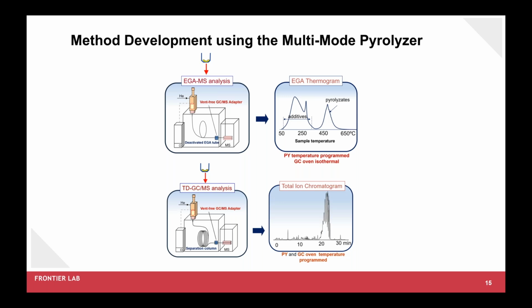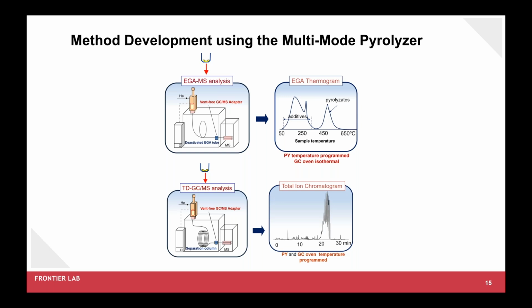Now, to perform EGA, a deactivated stainless steel tube connects the injection port to the MS. The sample is heated, typically from a low temperature to a higher temperature. And as the temperature increases, gases evolve continuously from the sample, pass through the tube, and are detected by the MS. A plot of sample temperature versus detector signal is then called an EGA thermogram.